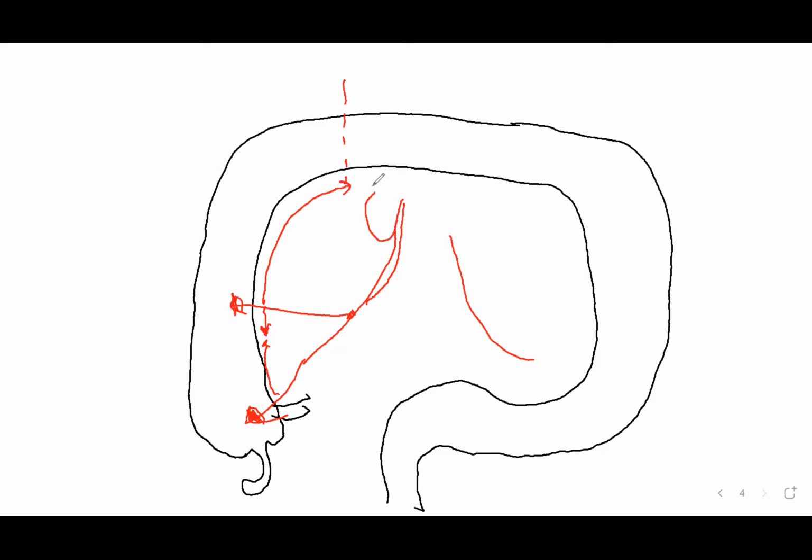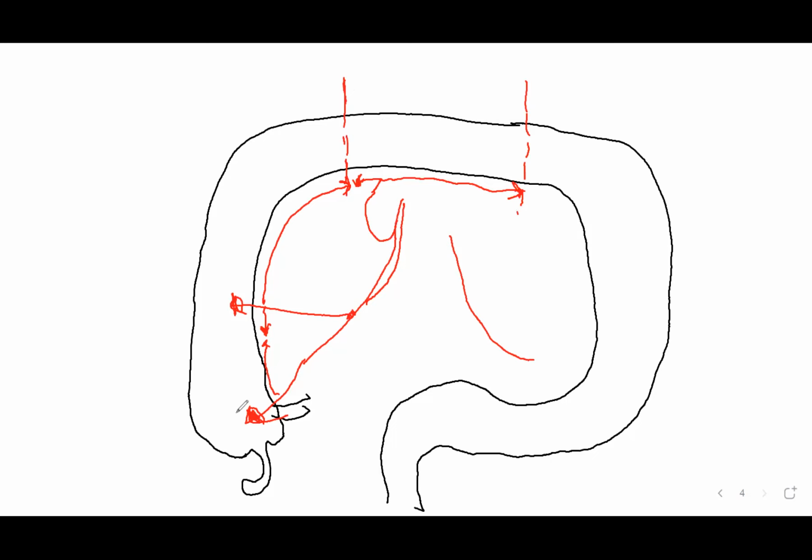The middle colic artery divides into two branches, the right and the left branch. You can see it is supplying the transverse colon from the proximal third, and you can see it is coming up to the proximal two thirds.